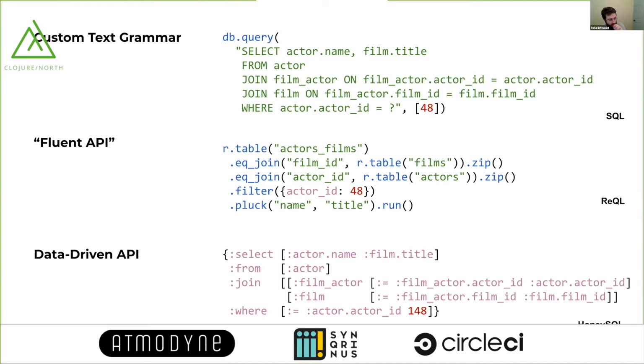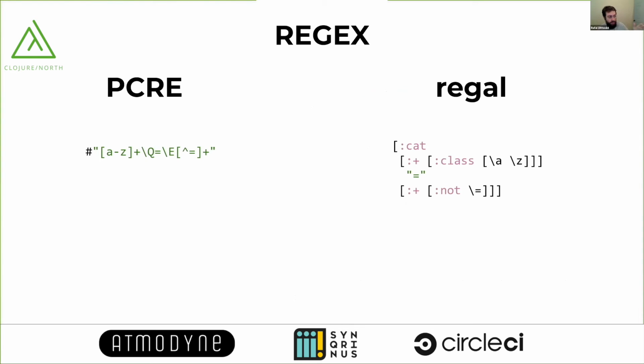Well, before I go into that, I'll give a few more examples. Here we see examples of what the syntax might look like for query languages, but I'm going to go through two quickly to showcase the difference between data-driven and these other ones. If we take regex, for example, the Perl-style regex, which is common in pretty much every single language, it looks like what we see on the left.